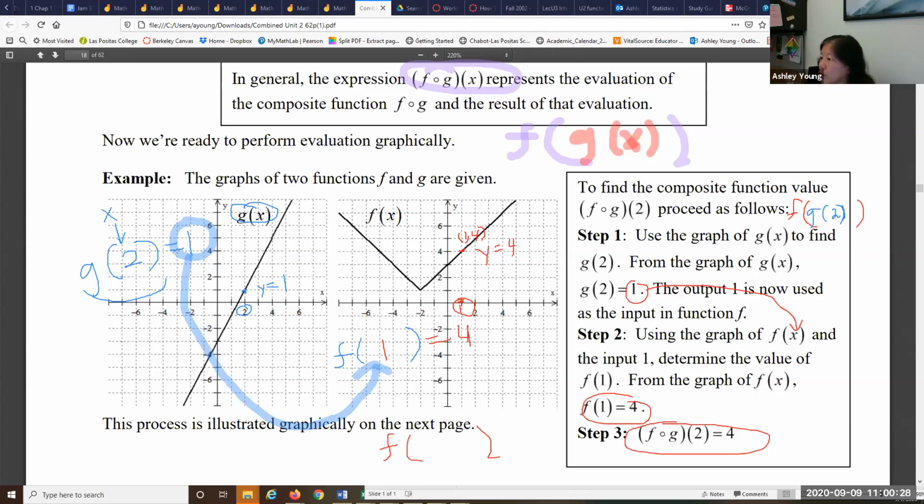I'll do a different color so we're clear.